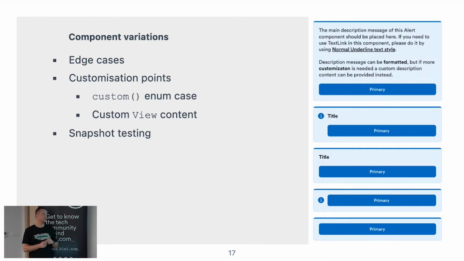One is that we provide an enumeration case called custom, which contains all the other properties that normally would be driven by fixed templates. The other way is that we provide some injection points where a caller can use his own custom SwiftUI view, and there could be any number of those contents.